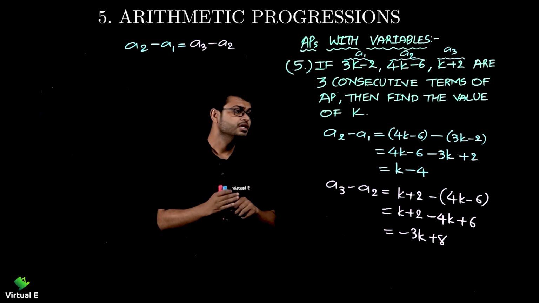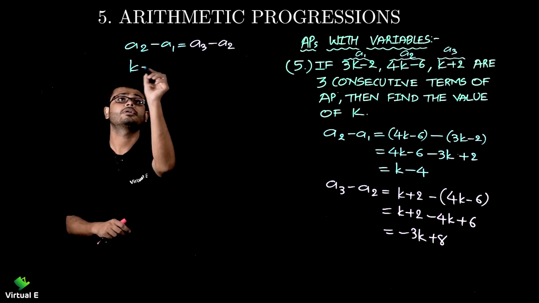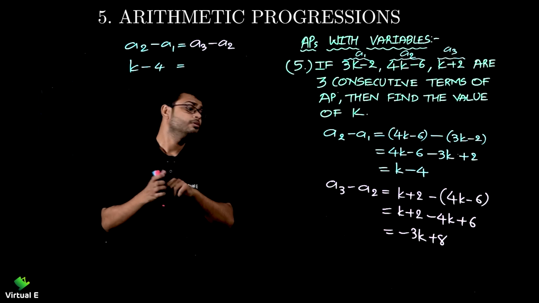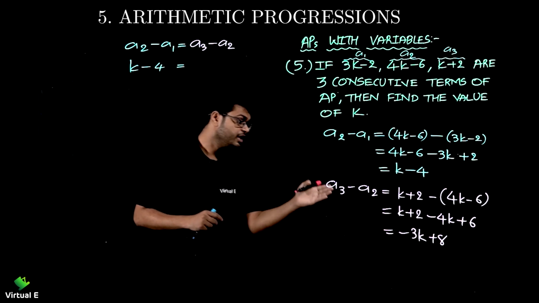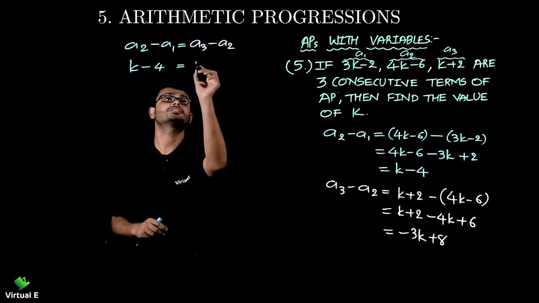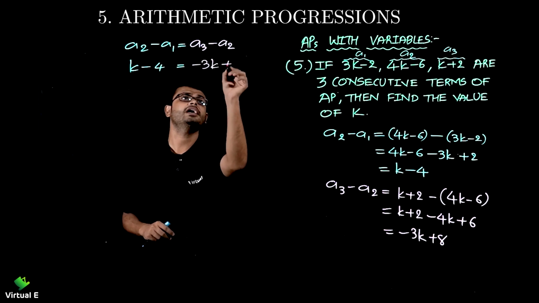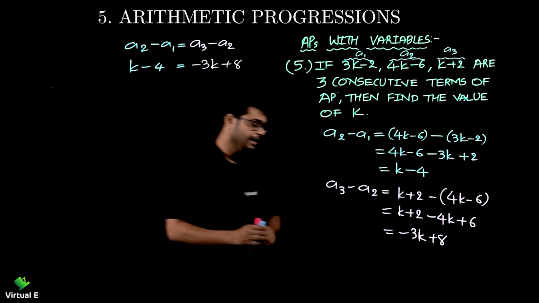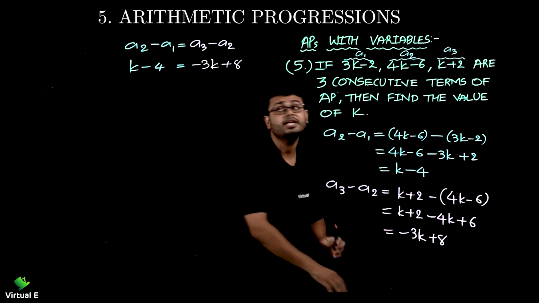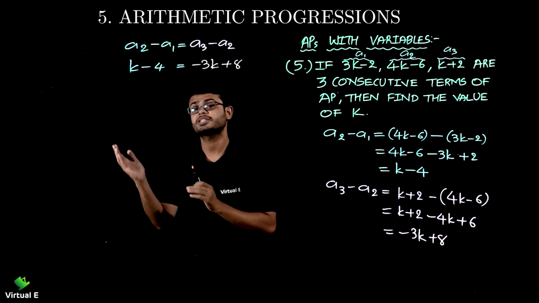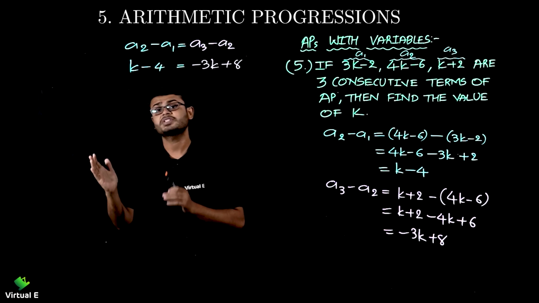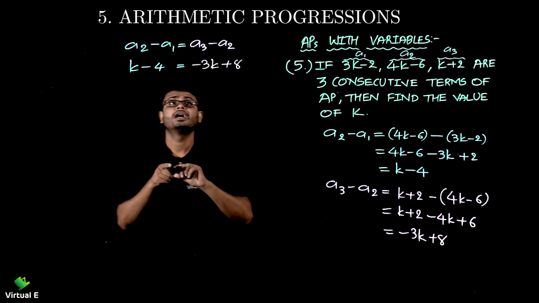Let's write the terms. Here k minus 4 is equal to, what's the value of A3 minus A2? Minus 3k plus 8. Let's simplify. I will be taking all the k's on one side, means variable on one side, numbers on the other side. Let's do it.